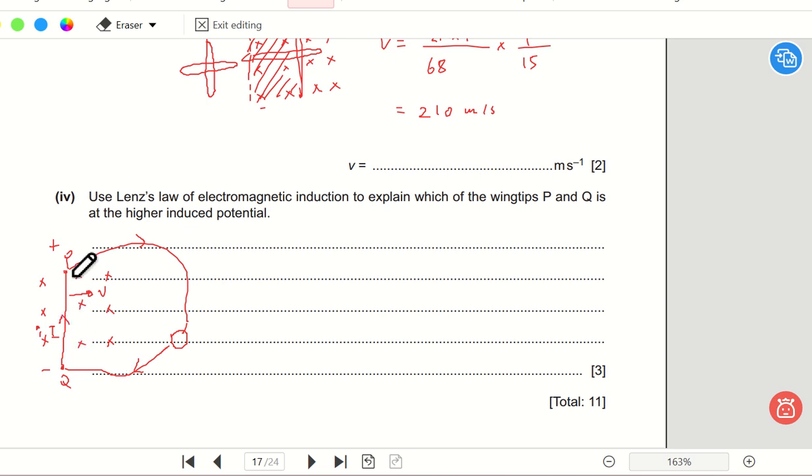Inside the wire itself, the piece that produces the EMF is considered like a battery. In a battery, the direction of current is opposite to that in the external circuit.